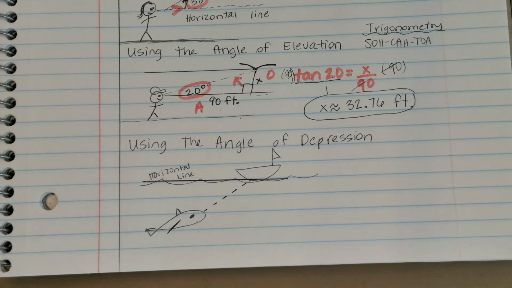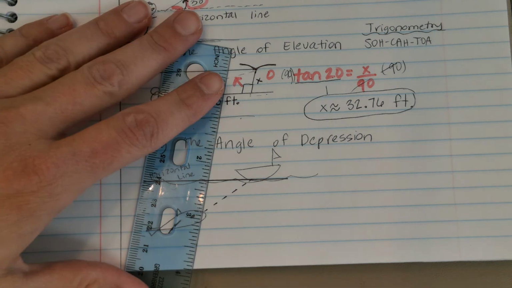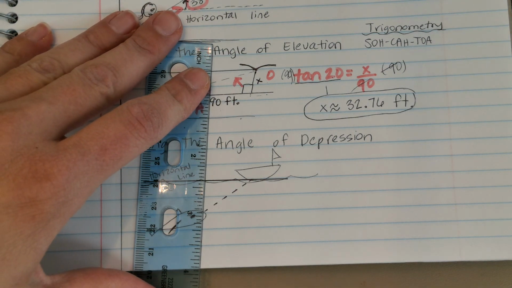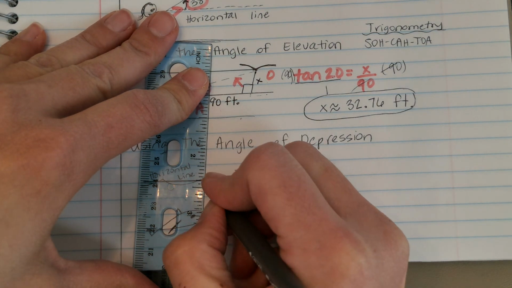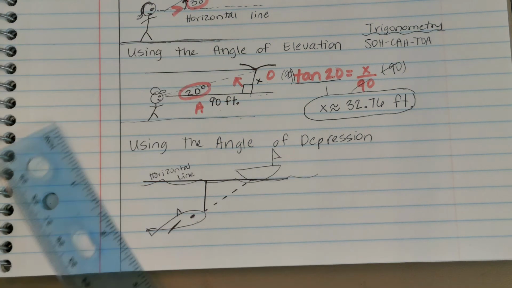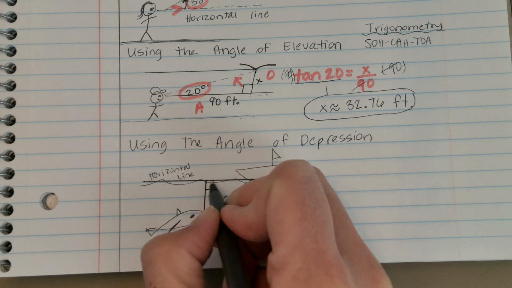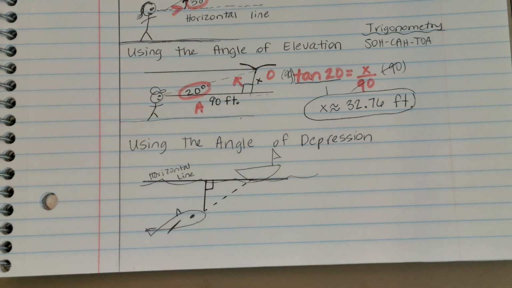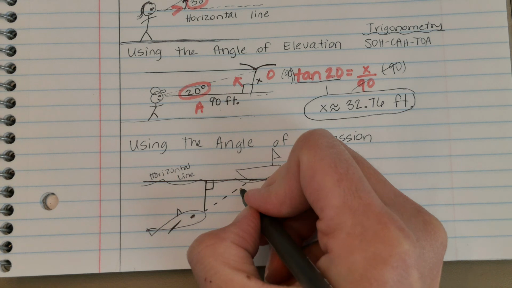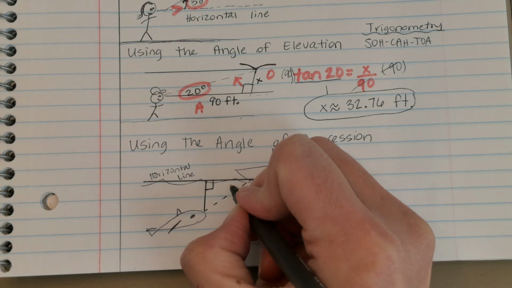And then we need to make it a triangle. So the way you would do that is straight up from there, we would draw a line like that. So the right angle is right there. It's perpendicular with the horizontal and the vertical lines. Okay, so on this one, I'm going to say this angle is 35 degrees.